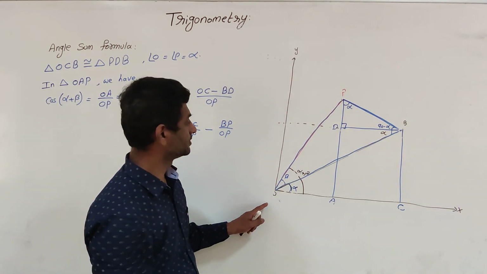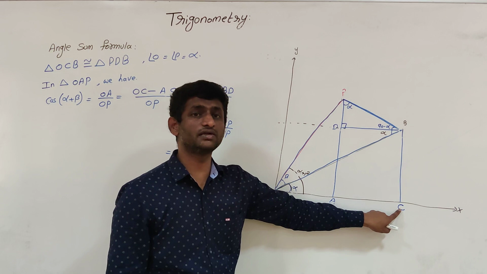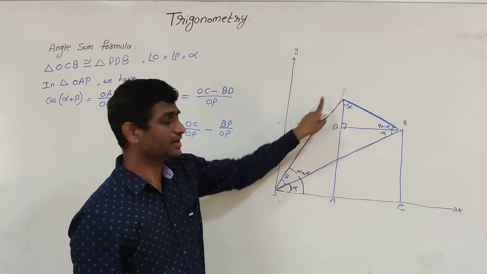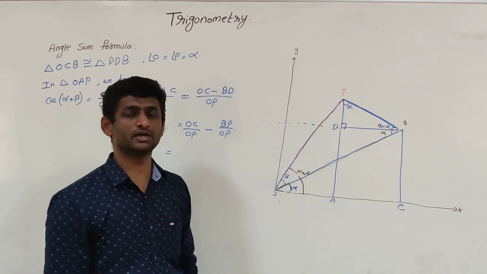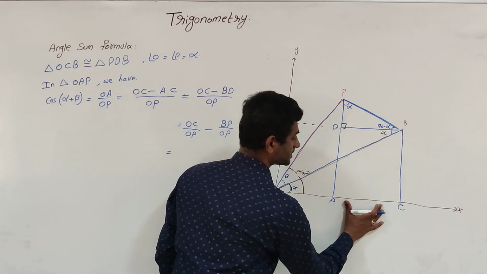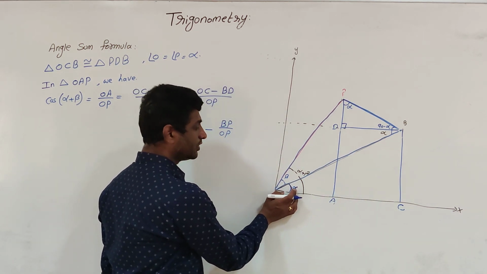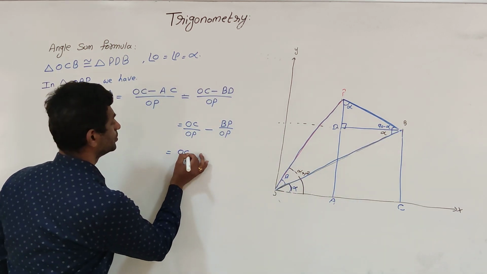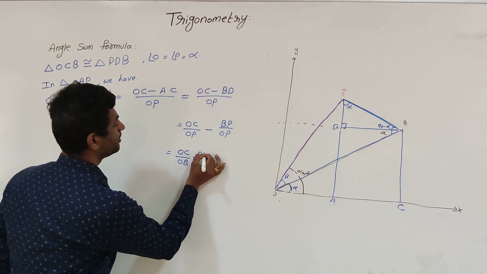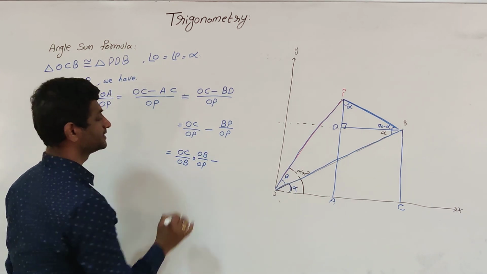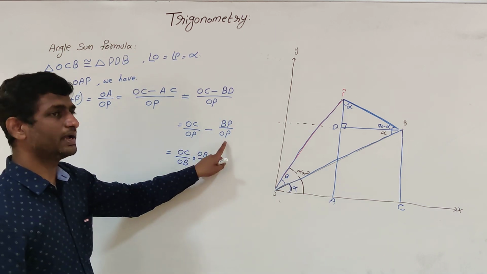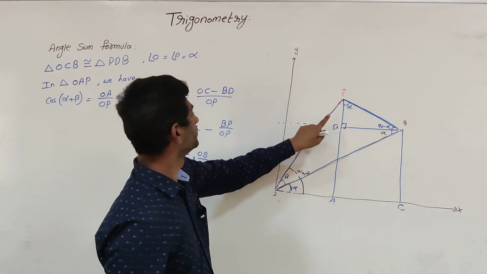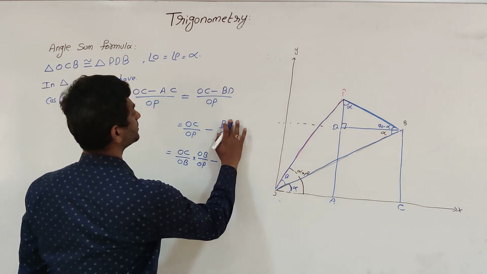Now OC is the adjacent side for alpha, and OP is the terminal ray for both beta as well as alpha plus beta. As OC is the adjacent side for alpha, the hypotenuse for alpha will be OB. So multiply and divide with OB: OC by OB into OB by OP. Doesn't affect. Next, BD by OP.